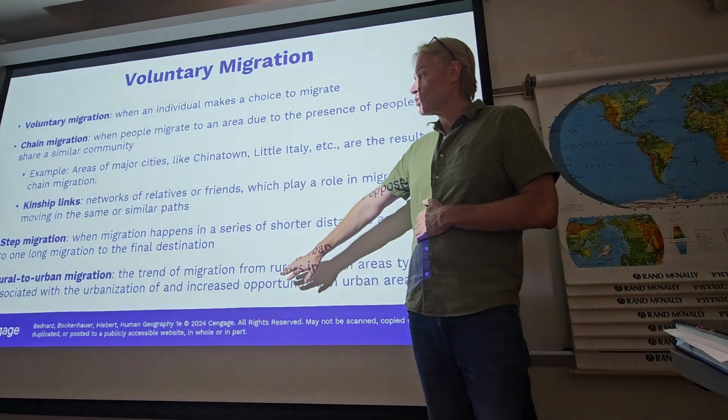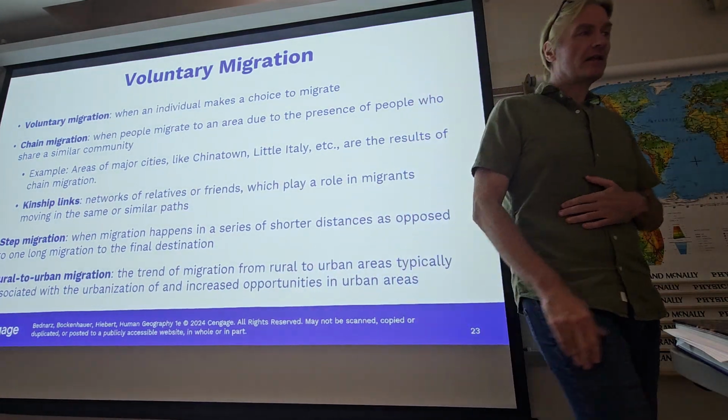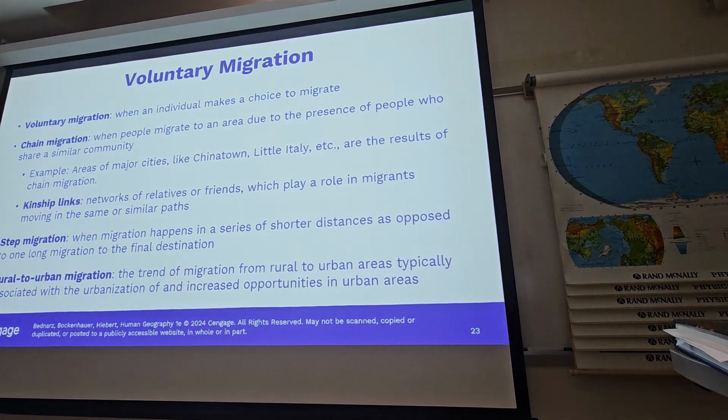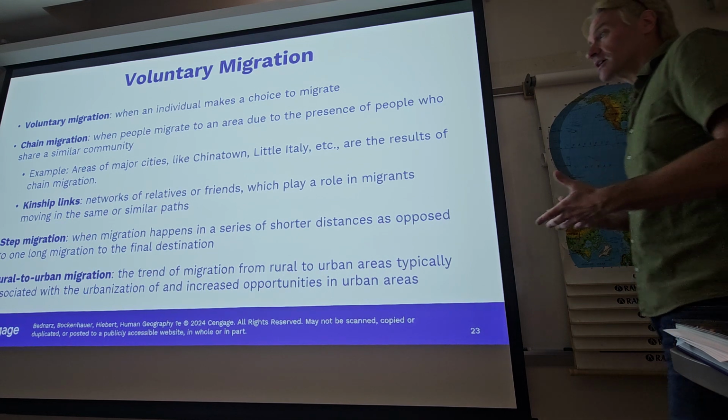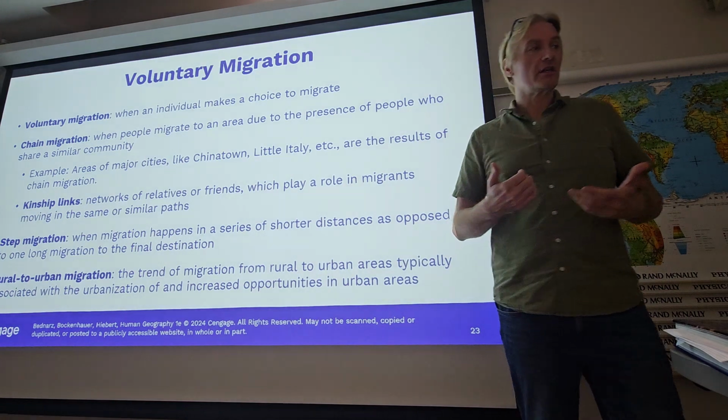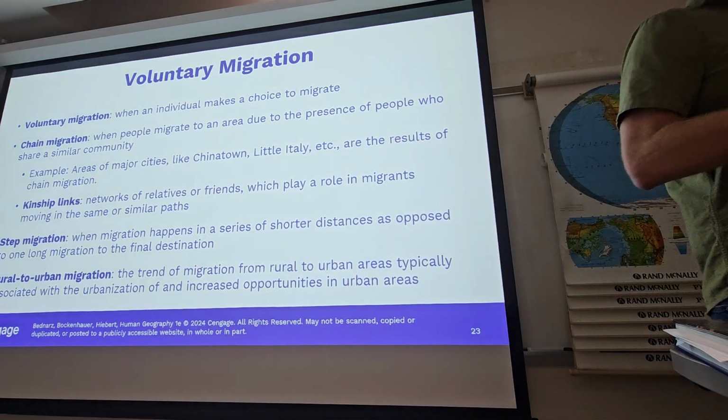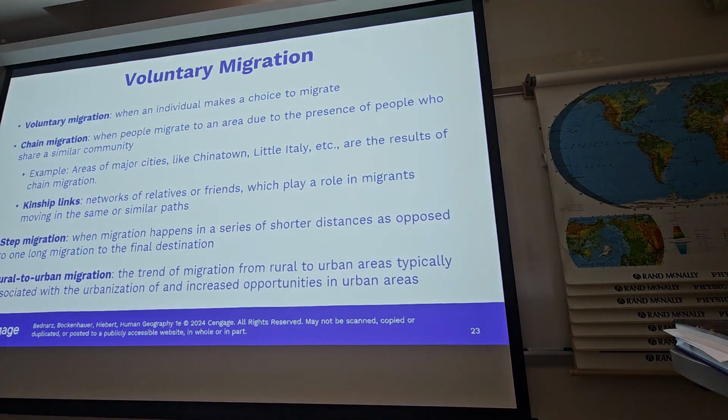I will say again, though, rural to urban migration, that's the main trend. That is a trend that's been happening in the US for over 100 years. Ever since industrialization, people have been moving to cities and moving out of rural areas because economies and incomes in rural areas in general have been going down. As the rest of the world also industrializes, they're going through the same thing that we have.